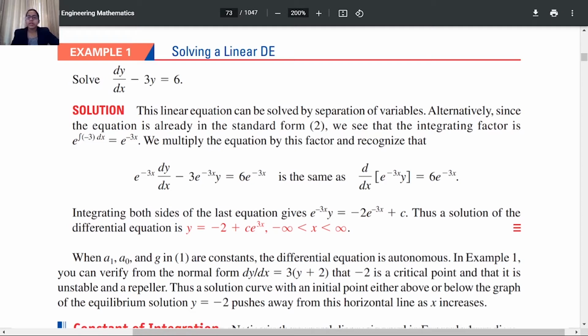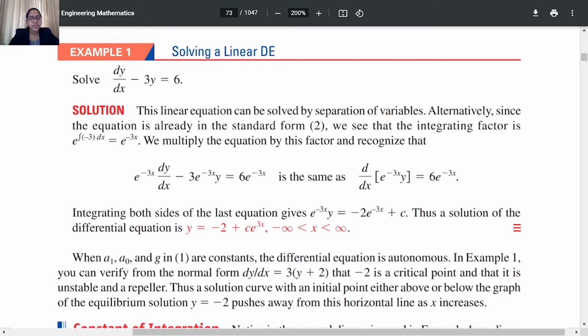If p of x is minus 3, what will be the integrating factor? e raised to integral of minus 3 dx. The integral of minus 3 is minus 3x. So the integrating factor is e raised to minus 3x. Once we know the integrating factor, we can determine the solution.